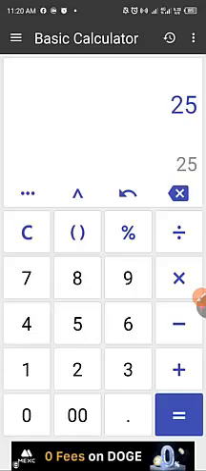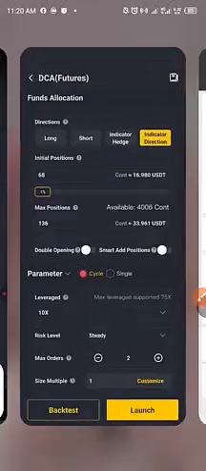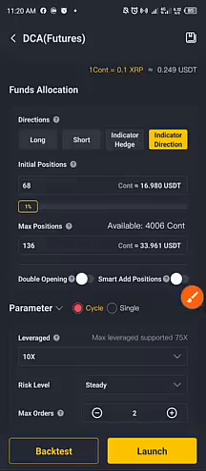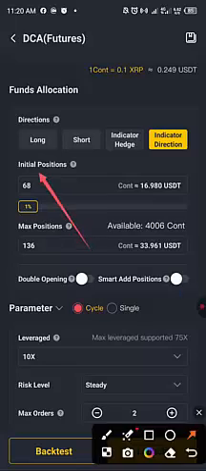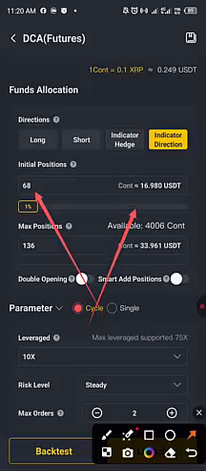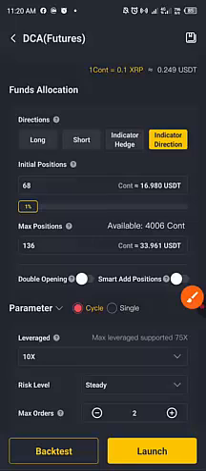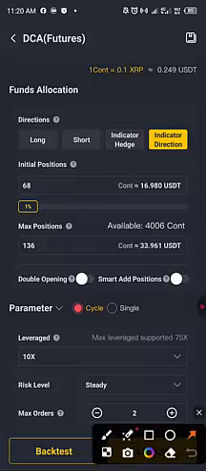So what do we do with this 25? We come over to the app, this place where they wrote initial position. Now you see a number here. Right now it is on 68, and then the count in USDT is on 16.89. Look at this bar right here where it says 1%.